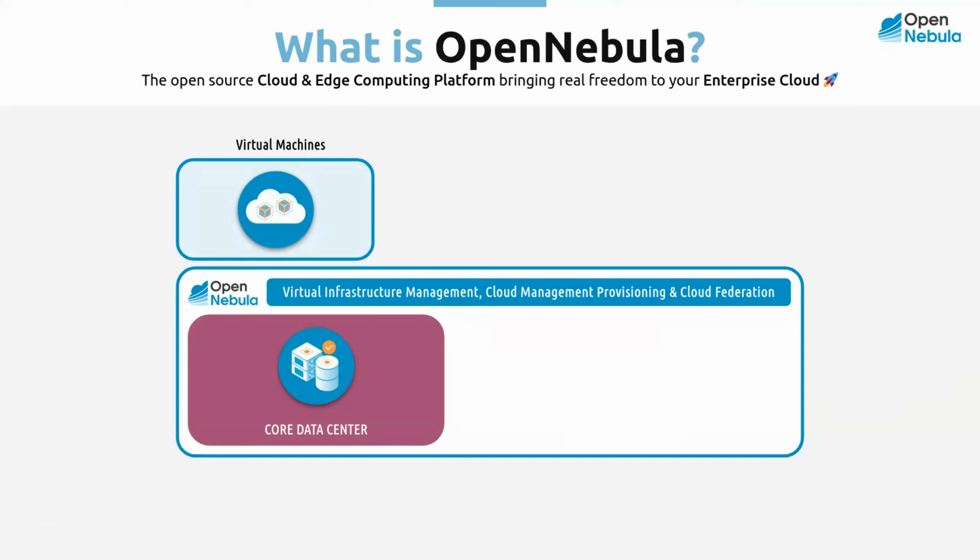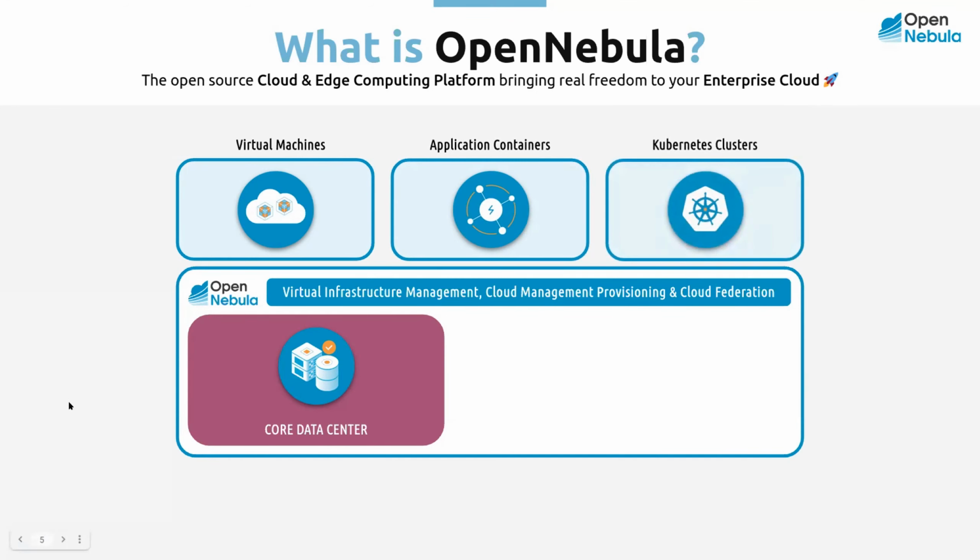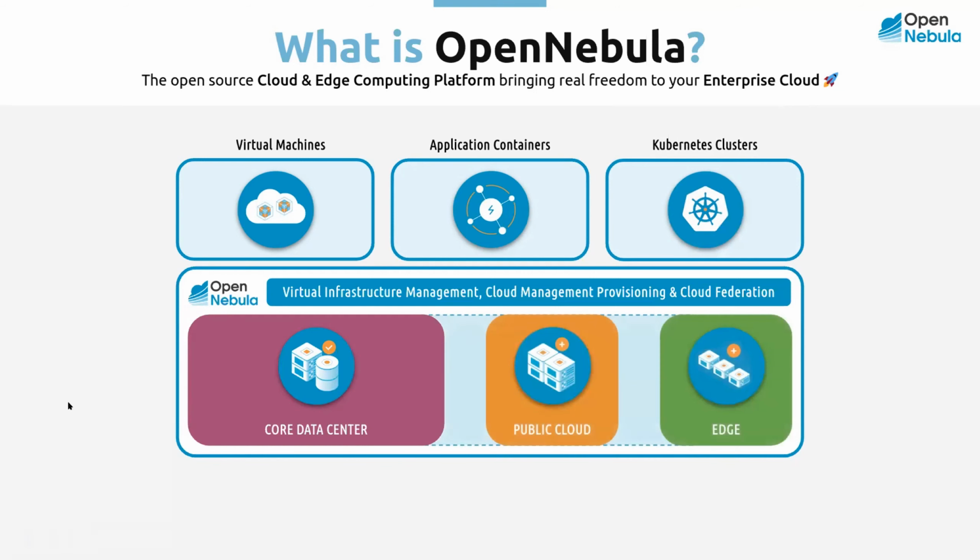So basically running and managing virtual machines in a core data center. What we've been doing recently is expanding these capabilities, and now also being able to manage application containers and Kubernetes clusters from OpenNebula. That's been a major change in the way we manage workloads and offer different features to our users. And from the private cloud, the core data center, we've expanded that concept to also include the public cloud, the hybrid cloud, and edge computing as well.